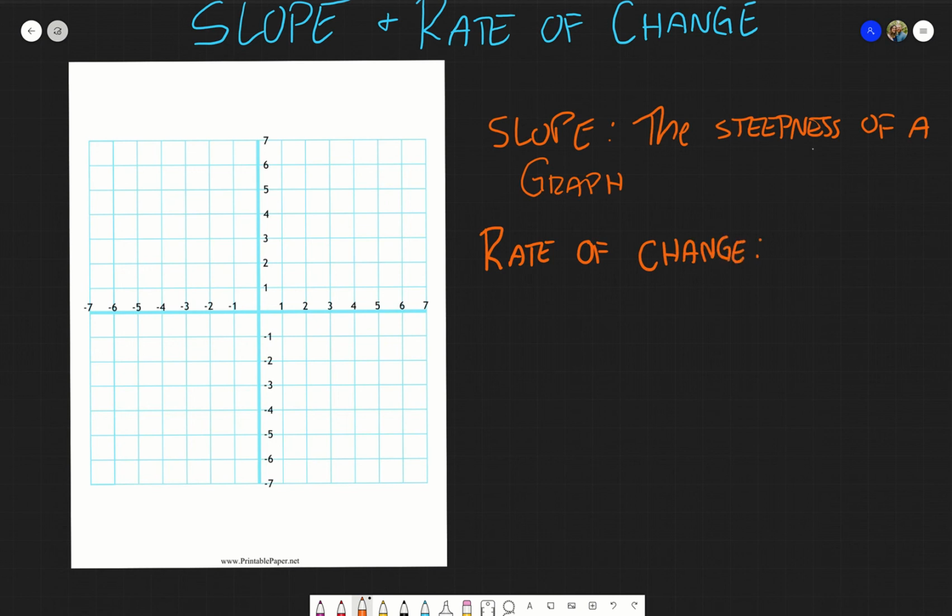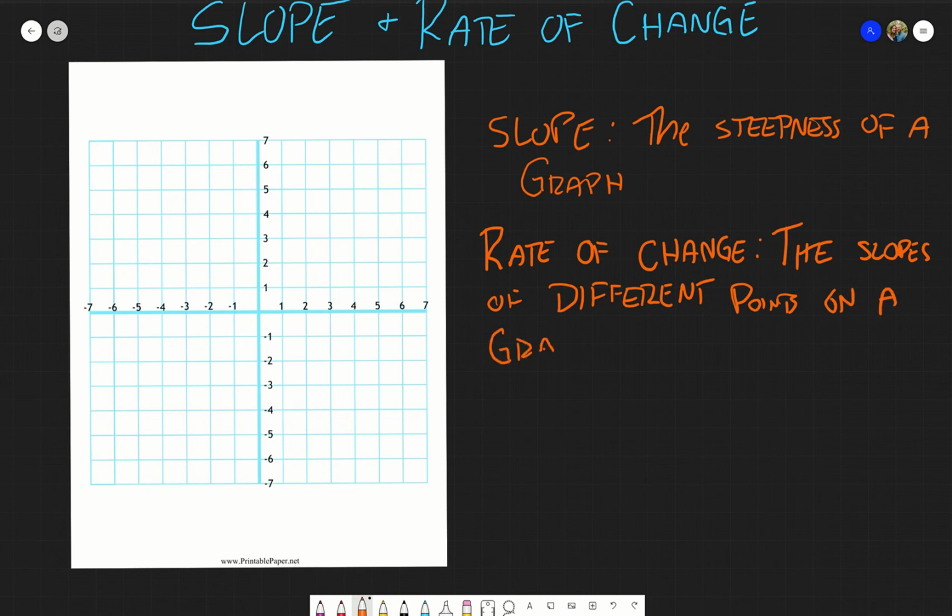This is the slopes of different points on a graph. Okay, the slopes of different points on a graph. So make sure you get that written. If you need to pause, write that in.